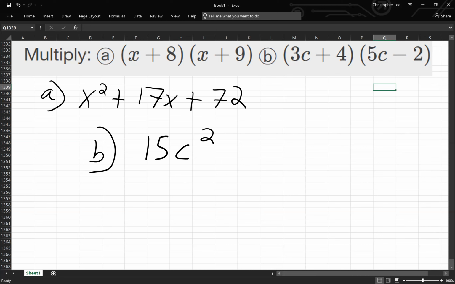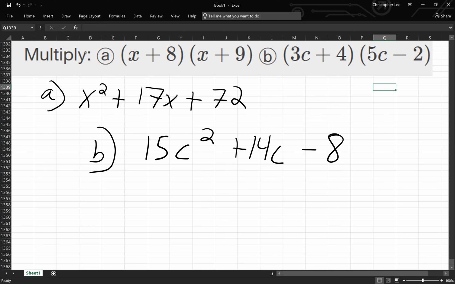Very good. Positive 14C. Let's see. Let me think about that. Good job. 17? All right, let's take a look.